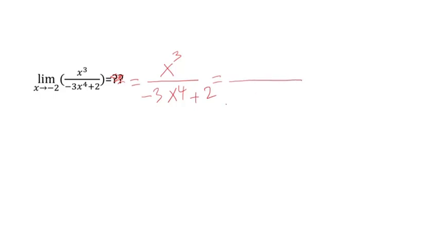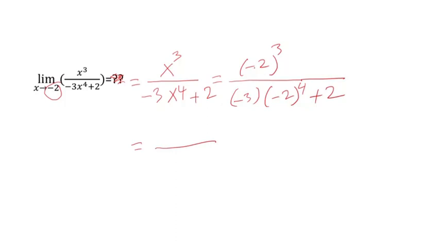Then wherever you see x, replace it with negative 2. So negative 2 to the power of 3. Then you have negative 3 times negative 2 to the power of 4. So that's all I'm doing here. Instead of x, I put negative 2.